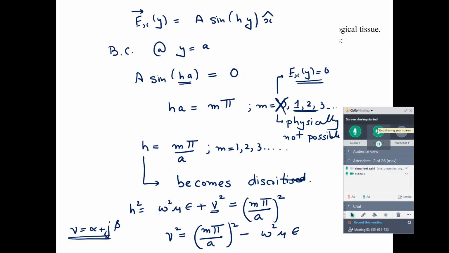Gamma is the term which contains the propagation constant, and it's telling you from this relationship that the propagation constant can only take certain discretized values. It cannot be any arbitrary propagation constant inside. And with respect to each discretized value, there is going to be a specific shape of the electric field.